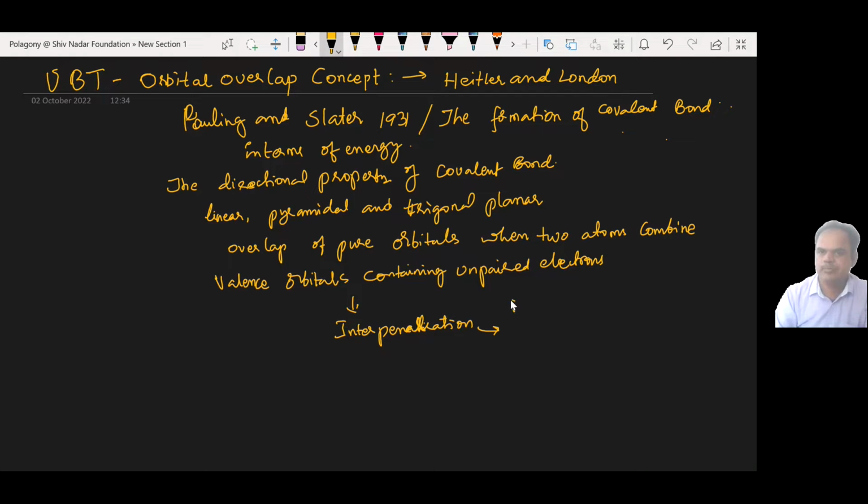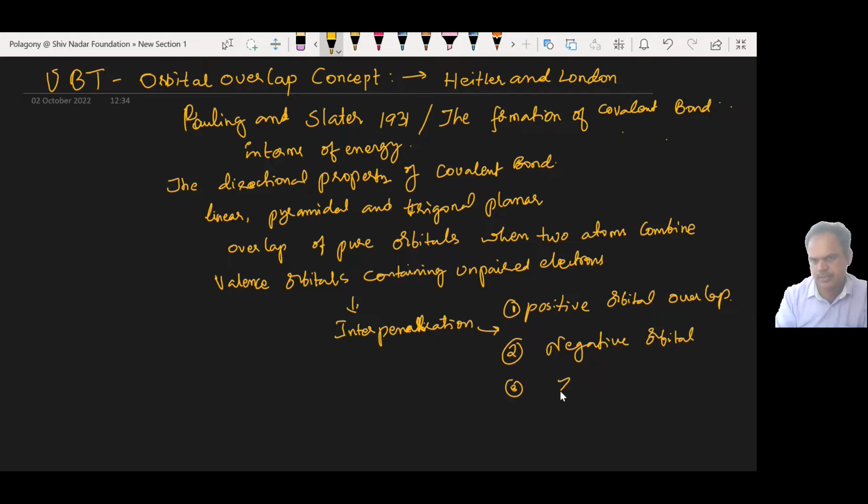There are three types of orbital overlap possible. Number one is positive orbital overlap. Number two is negative orbital overlap. Number three is zero orbital overlap.